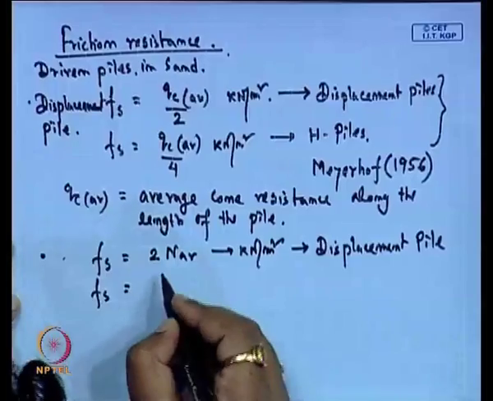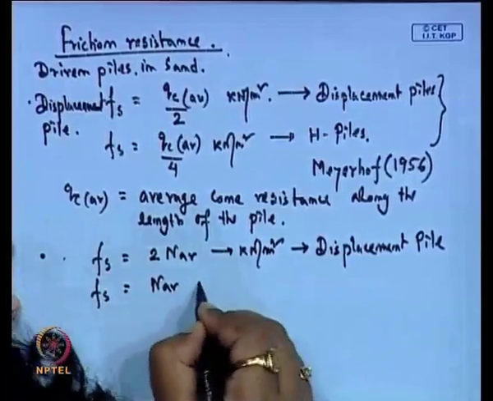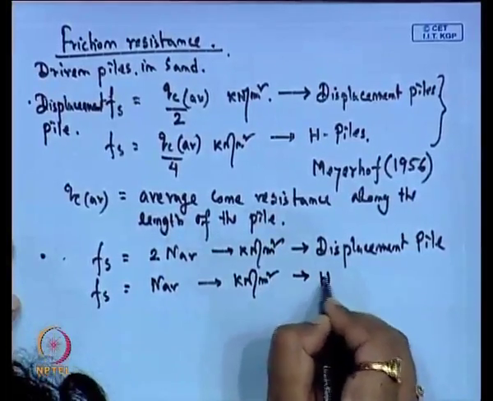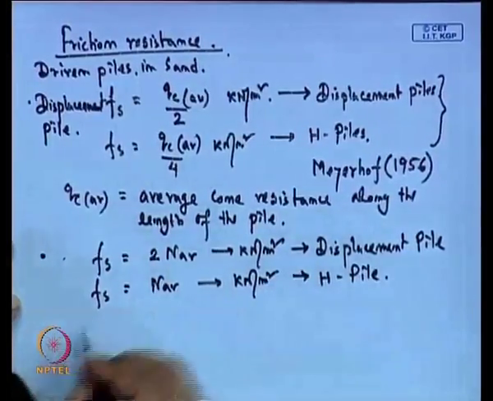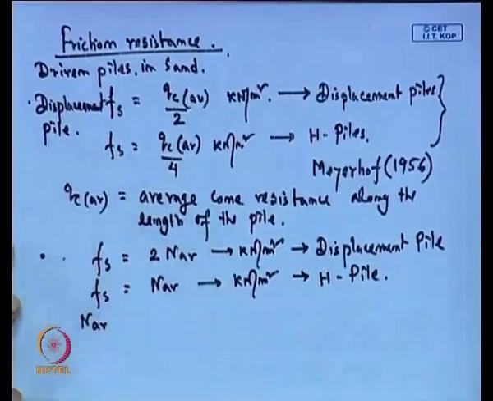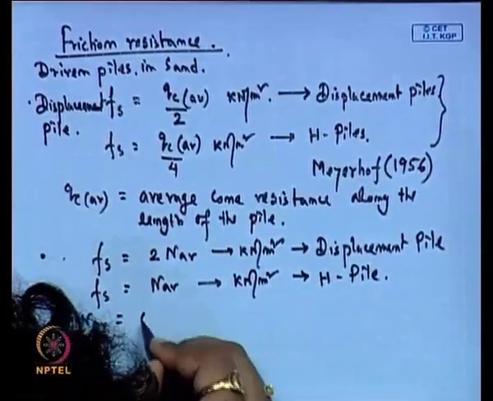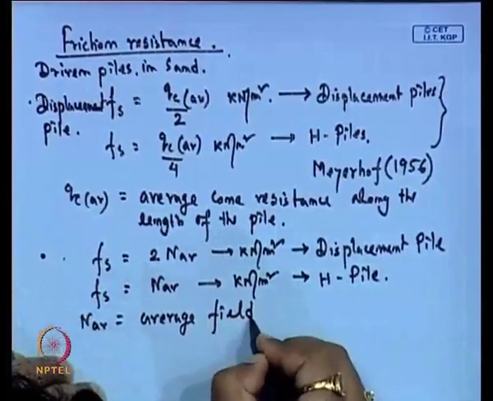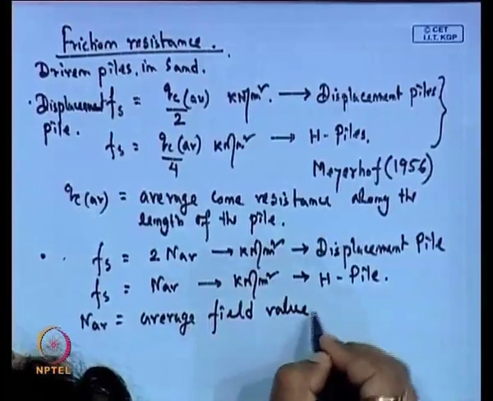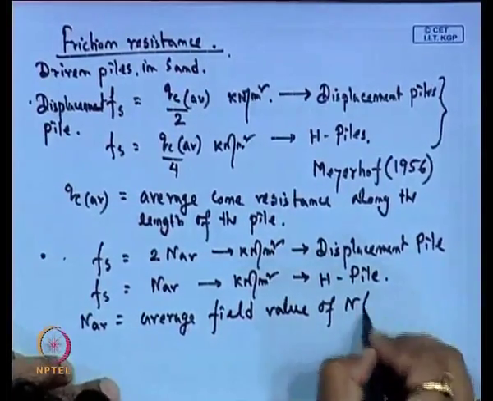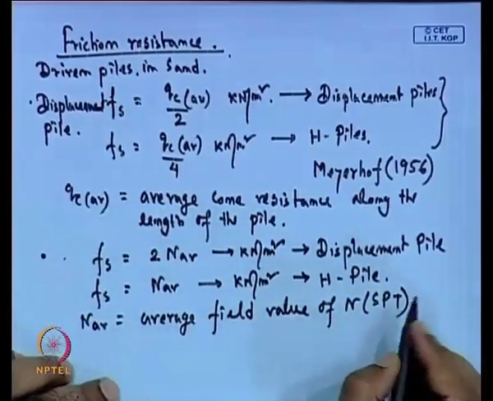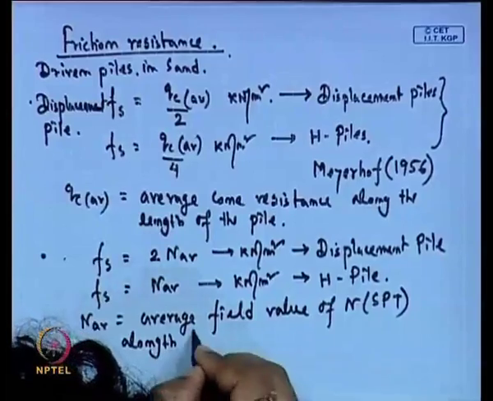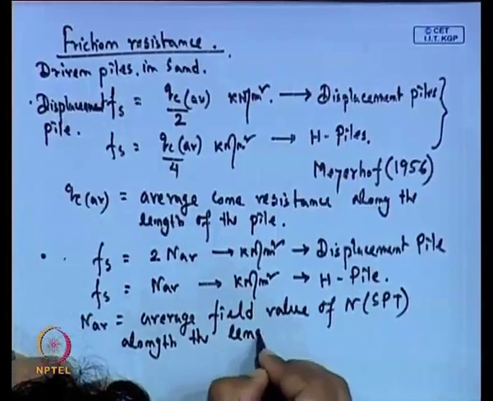Or f_s equal to N average, in kilonewton per meter square, this is for the H pile, where N average is the SPT value, the average field value of N, the SPT, along the length of the pile.